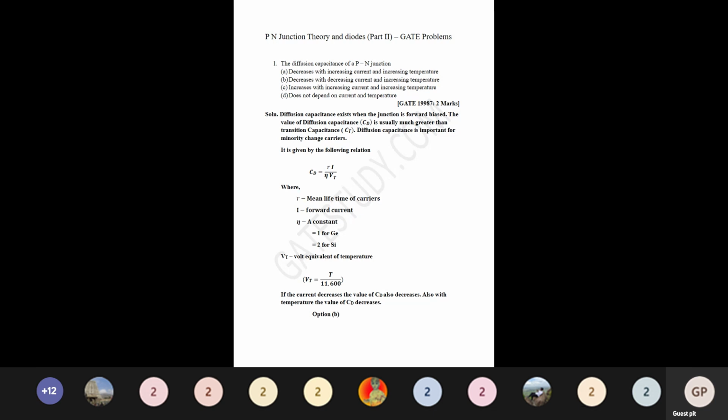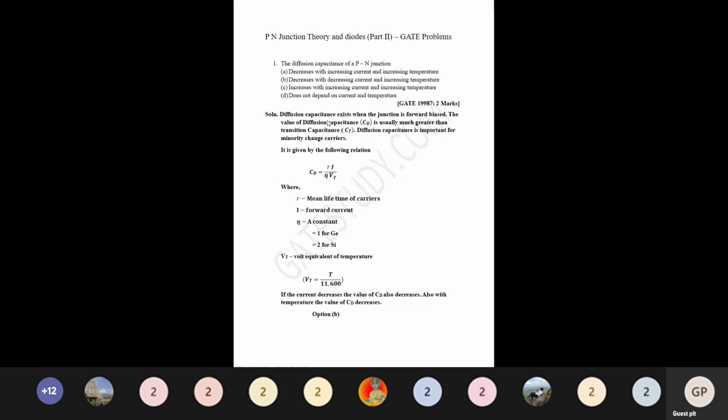If the current decreases, the value of CD also decreases. Since the diffusion capacitance CD is directly proportional to the current, if the current value decreases, CD decreases. Similarly, when the volt equivalent of temperature increases, the diffusion capacitance decreases because they are inversely proportional.